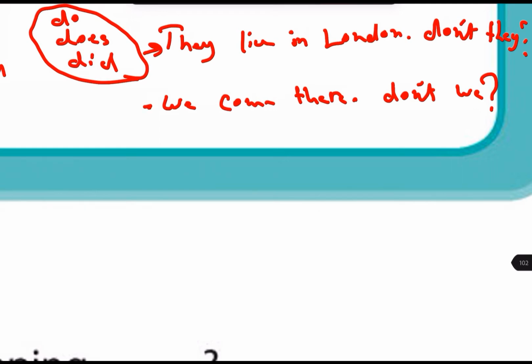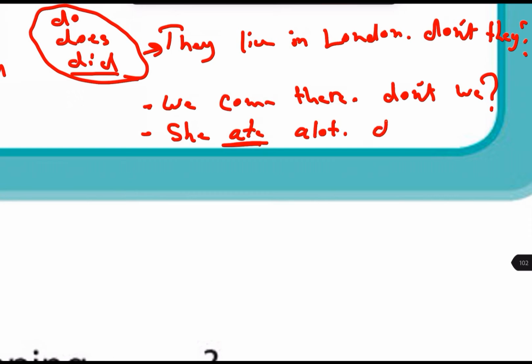I say she ate a lot. If you look at the sentence, it is past simple. We have ate, so we have to use did because it's past simple.